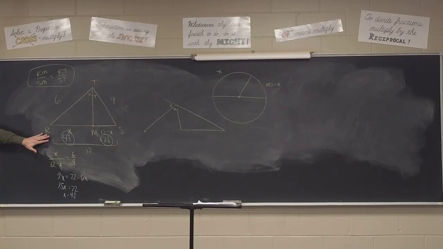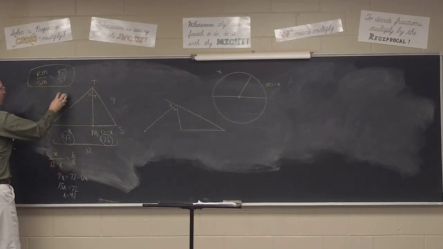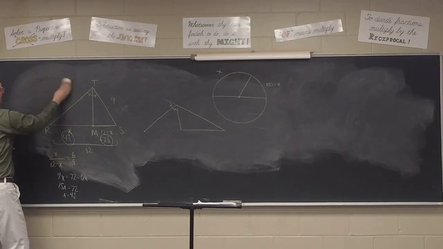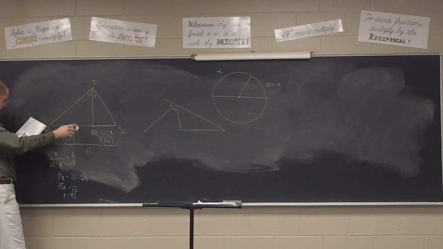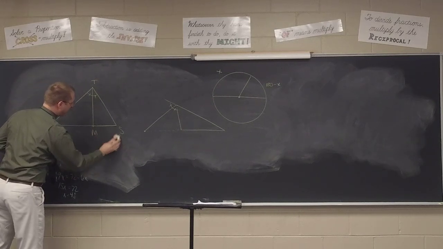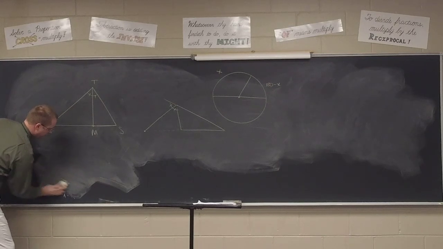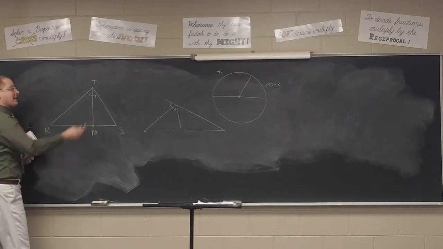Any questions at all? All right, let's take a look at number 4. And it gives us 4 lengths this time. And the question is, does TM bisect angle T? Well, kind of like before, if the third side is divided proportionally so that segment is to segment, side is to side, then yes, it would bisect.